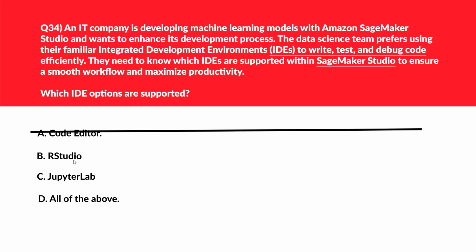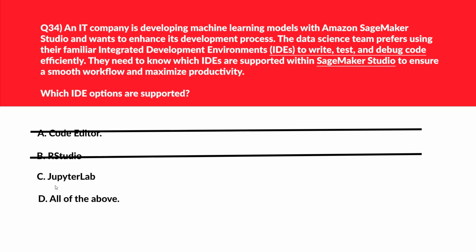Utilizing RStudio focuses on a specific IDE without considering the other supported options. So let's reject this. Let's move to option C. C says Jupyter Lab. Employing Jupyter Lab is just one of the supported IDEs and doesn't cover the full range of available tools. So we'll eliminate this as well.